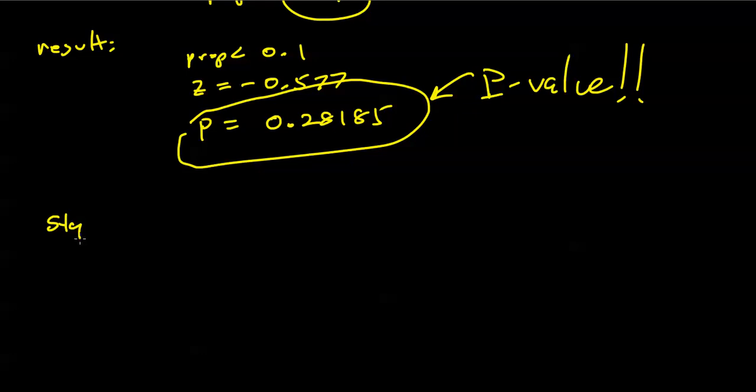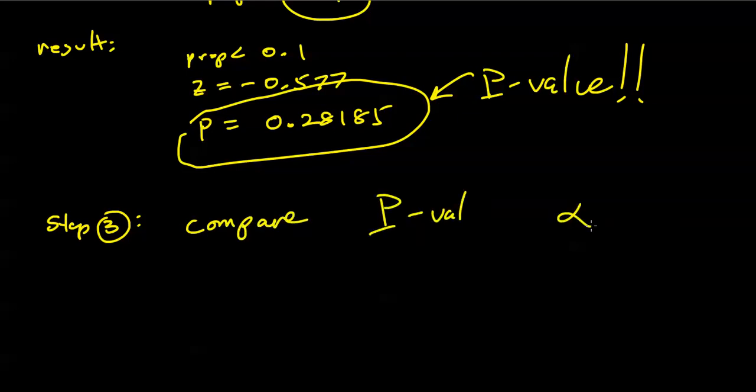Alright, so is this data extreme enough to reject the null claim? Well, we'll see in a minute. Again, we do this by comparing your p-value to your alpha level. The p-value, well, is 0.281 and change. The alpha level, let me look, use a 0.05. They tell us in the book, use a 0.05 significance level.